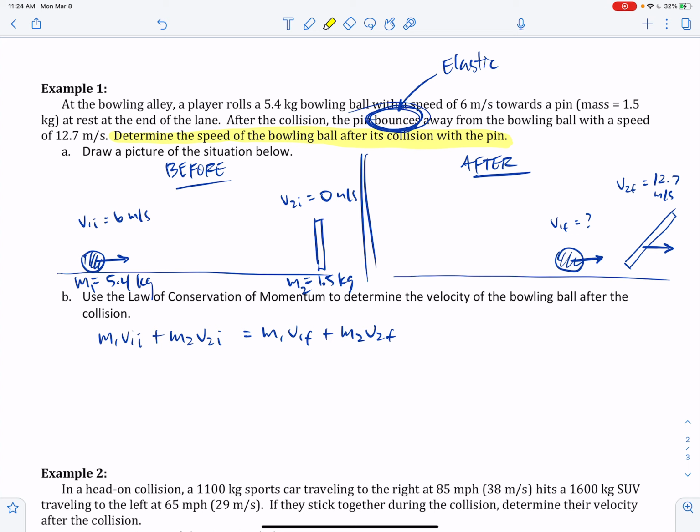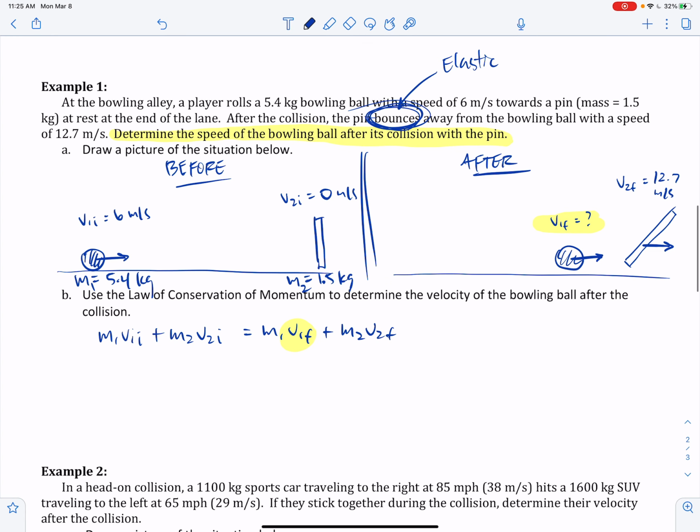All right, so let's plug in our numbers, and we're going to solve for V1 final. This one is going to be our unknown. That's what we're going to do the algebra to solve. So here we go. The mass of the bowling ball is 5.4 kilograms. Its initial velocity is 6 meters per second. We're going to add that to the mass of the bowling pin, 1.5 kilograms, with an initial velocity of 0.